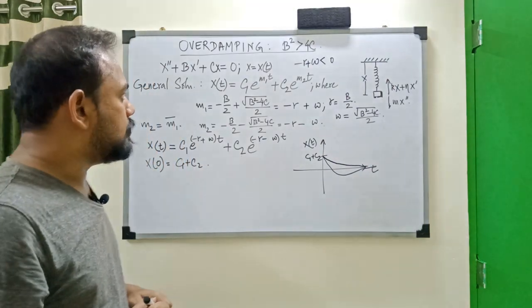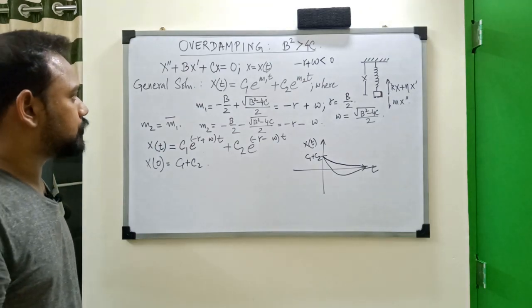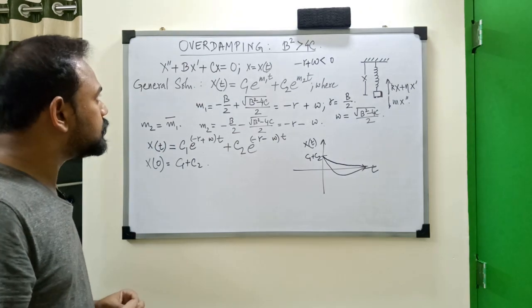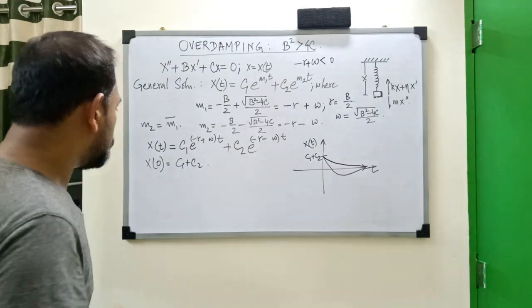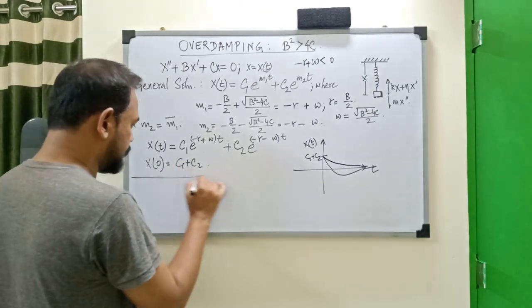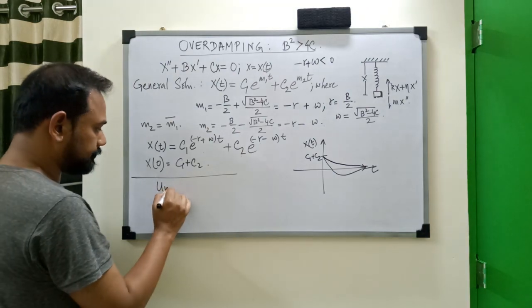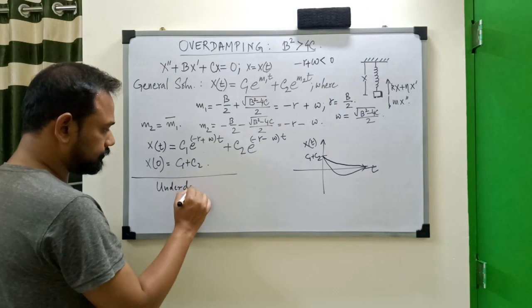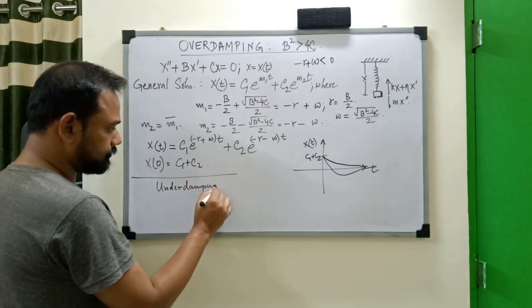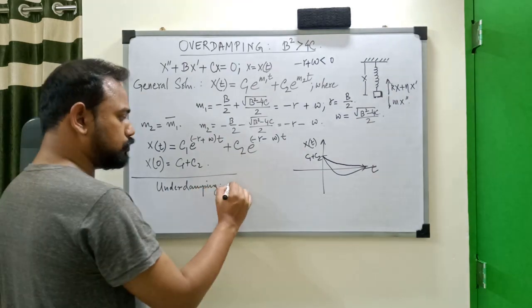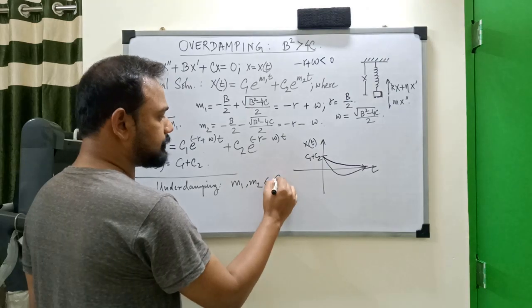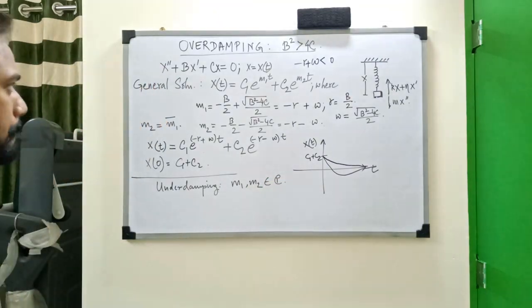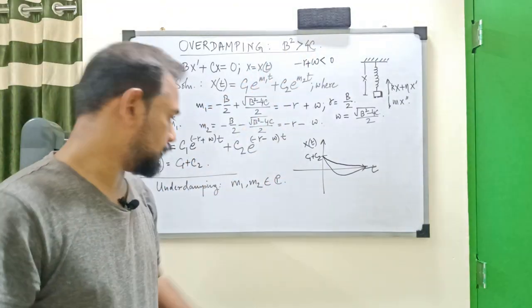All right, so this actually finishes these two important cases where I just want to mention here that in the case of underdamping, the two roots m1 and m2, they were complex numbers, because b squared was less than 4c.